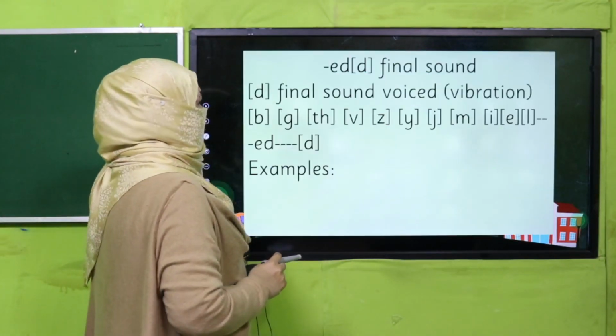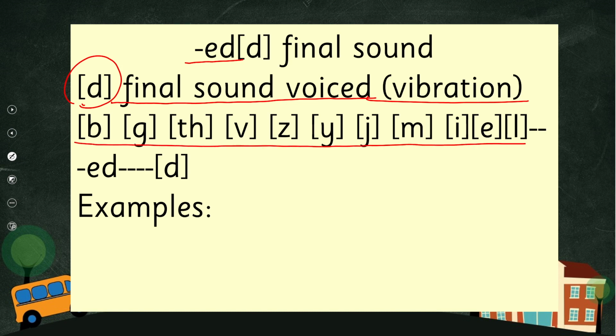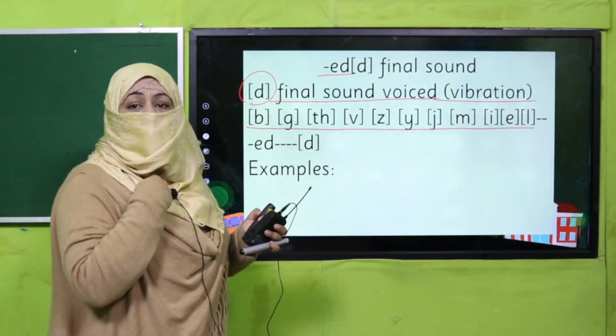The next example is when a verb is ending on ED and the final sound will be D if before that there is a voiced sound. Okay, and these all are voiced sounds. You can test them by placing your hand on your vocal cord, pronounce these sounds, and you will feel a vibration.